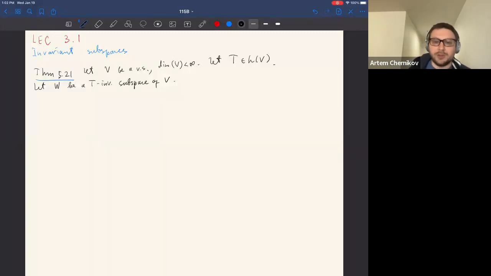Okay. So then, in this case, we can consider the restriction operator, right? So then we have T_W, which is a linear operator on the subspace W, right? So then T_W is the restriction of T to W, okay? And we have a connection between the characteristic polynomials of these two operators.